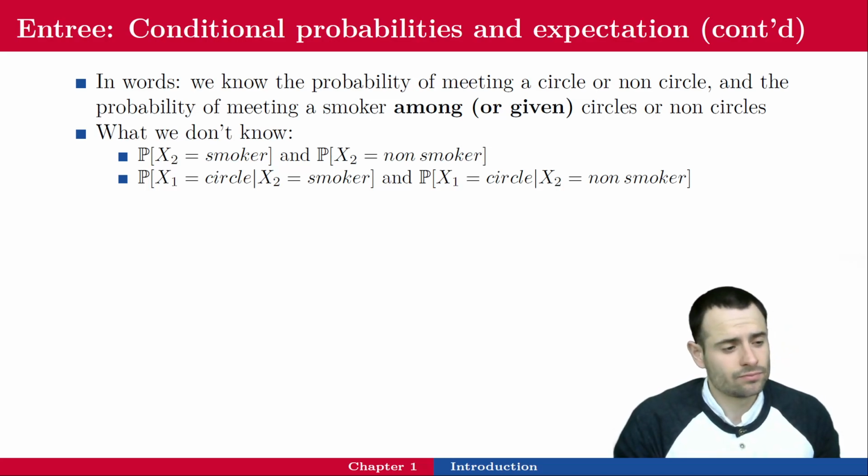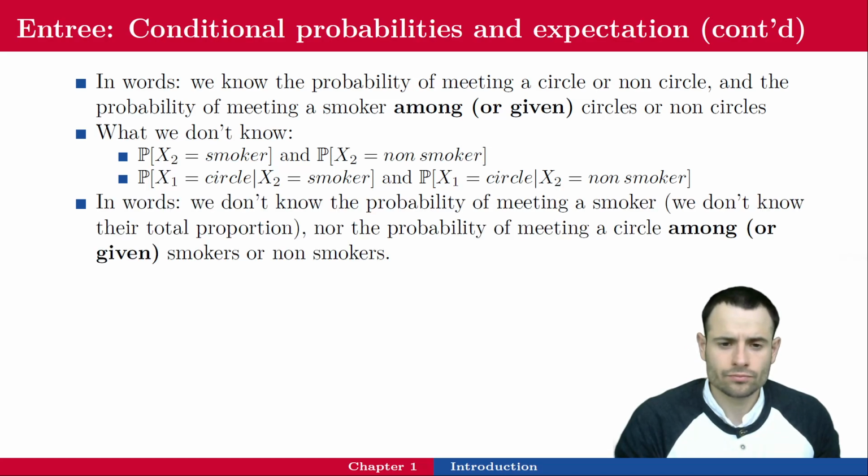Does it make sense? So in words, we do not know the probability of meeting a smoker, and we do not know the probability of meeting a circle among smokers or among non-smokers.